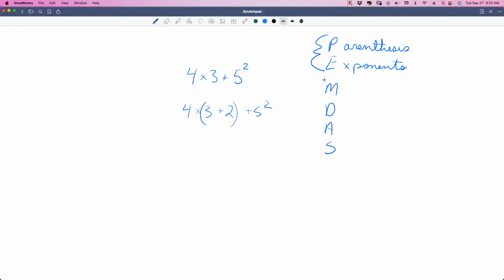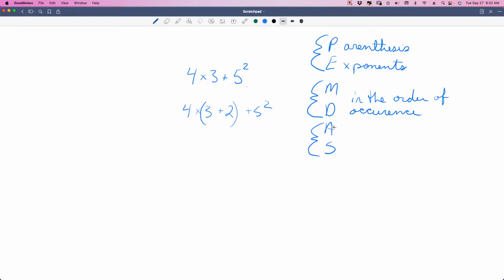Now, multiplication and division are kind of together as a set as well. We do multiplication and division in the order it occurs, or in the order of occurrence, which is basically the same thing. And the same thing for addition and subtraction.